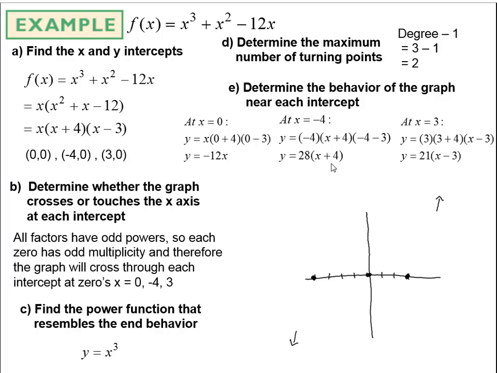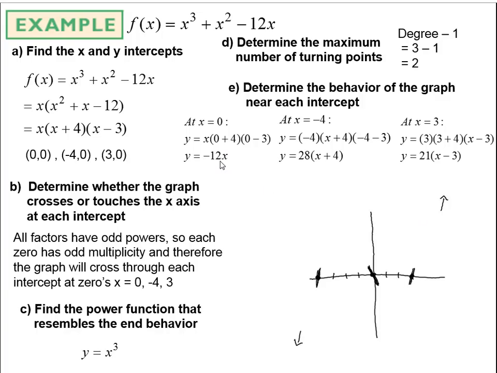So if I were to put all of that together, first of all, here are my three x-intercepts, -4, 0, and 3. And then here's the end behavior, here's my cubic end behavior. So just putting the first two together there. And the next thing I did was sketch the behavior at the intercepts.